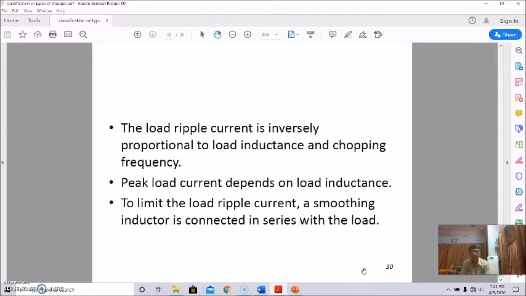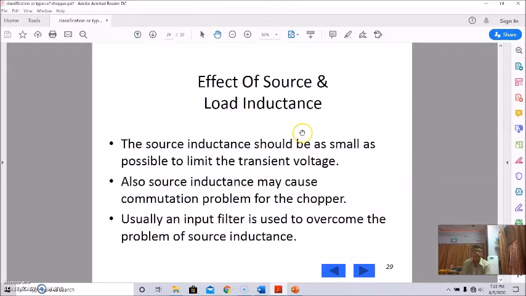So this is the effect of source and load inductance on the operation of DC-DC converters. Once again, I am repeating: the source inductance should be as small as possible to limit the transient voltage.